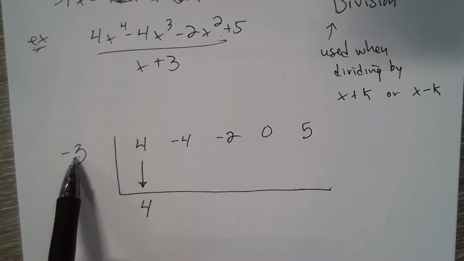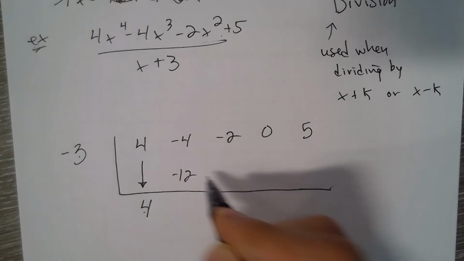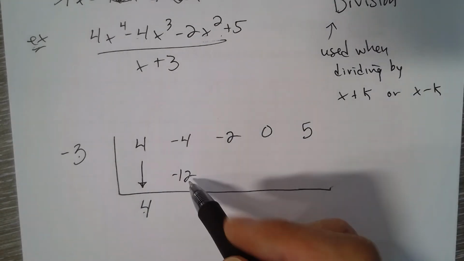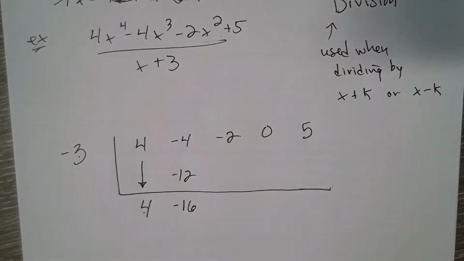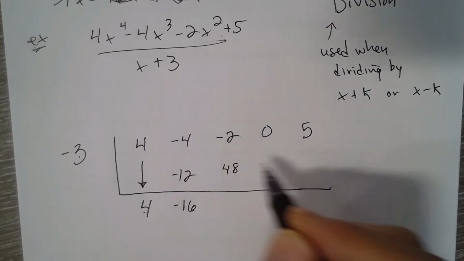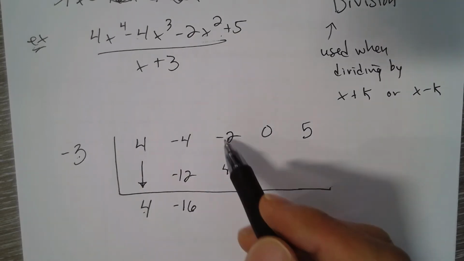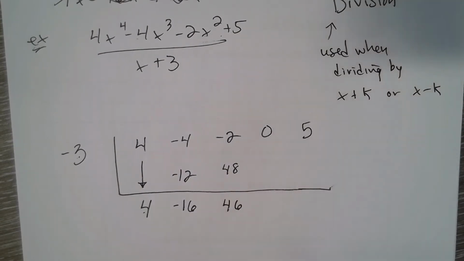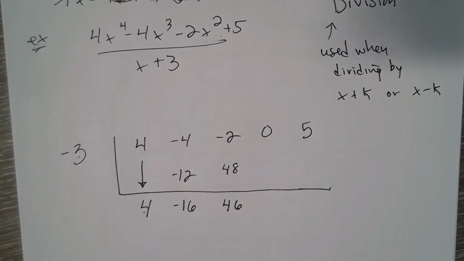Now we multiply. Negative 3 times 4 gives you negative 12, and then you add. You multiply. Negative 3 times negative 16, and then you add. So you just keep multiplying and adding.